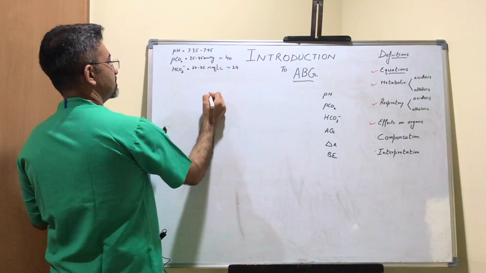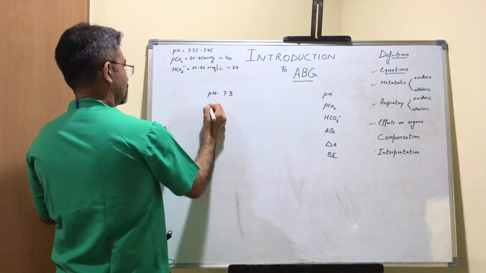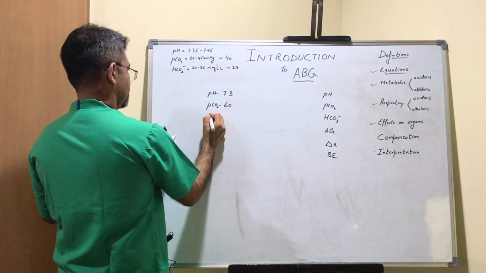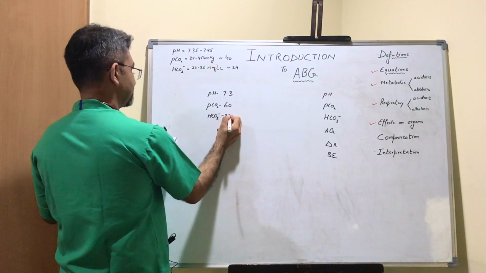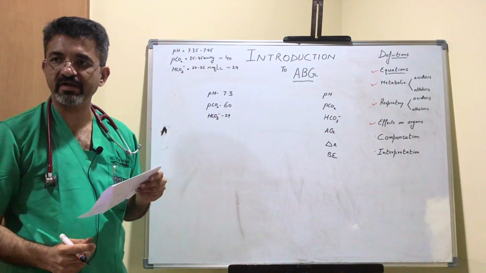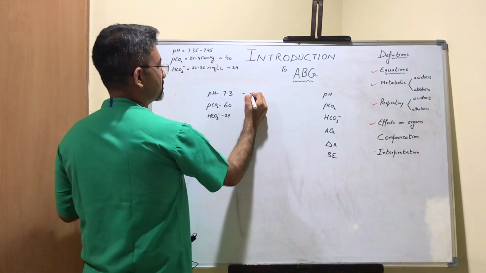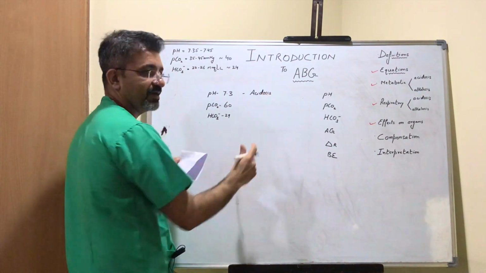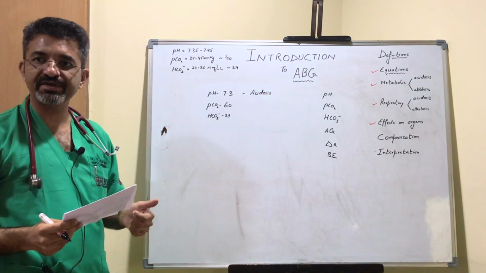Fourth, suppose my pH is 7.3, my PCO2 is 60, my HCO3 is 29. 7.3, absolute acidosis, no doubt acidosis. I see my CO2 getting higher, so pH is going down, CO2 is going up.